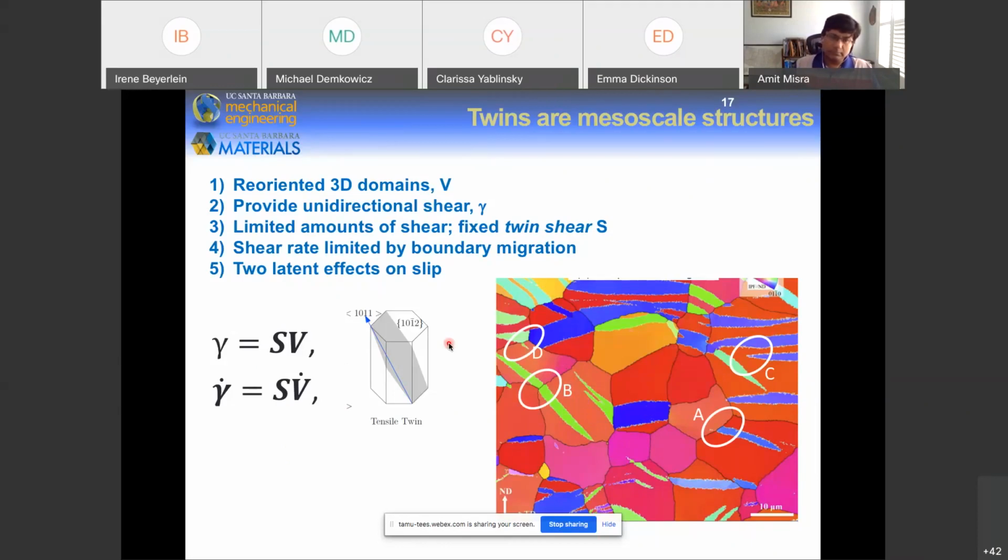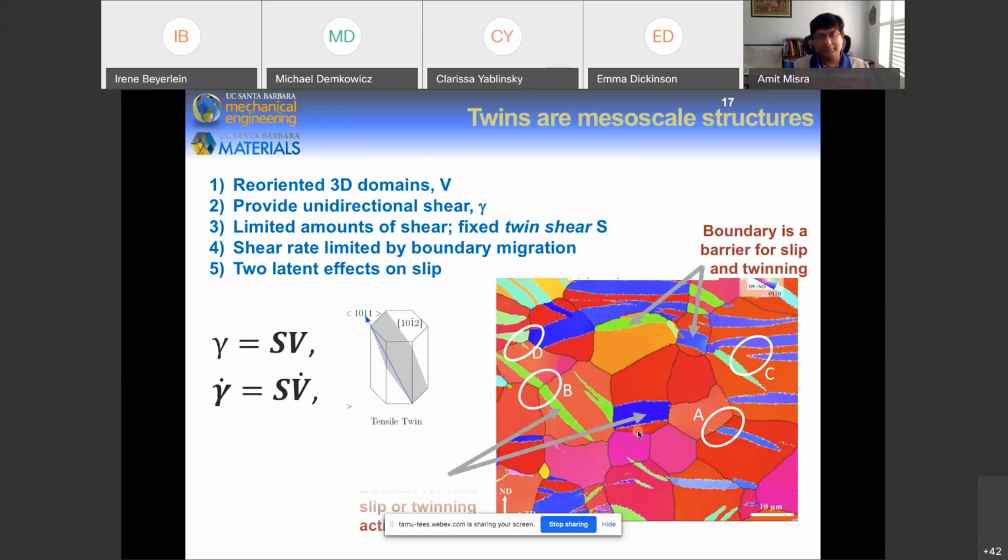So typically, because of the fixed twin shear, it can't be the only deformation mechanism. There's also, because of its finite domain and the boundaries that it introduces, that twins do have what I would call latent effects on slip. Because they introduce a boundary, this boundary can be a barrier for slip to occur.